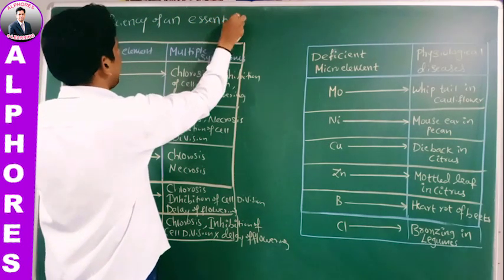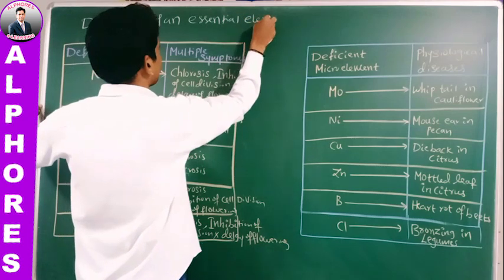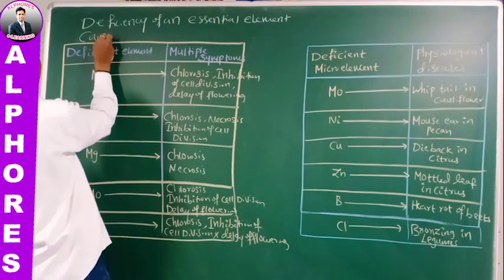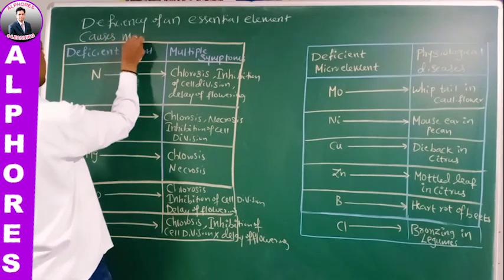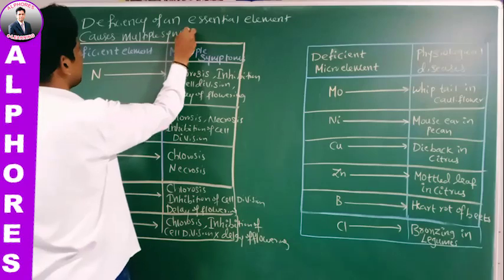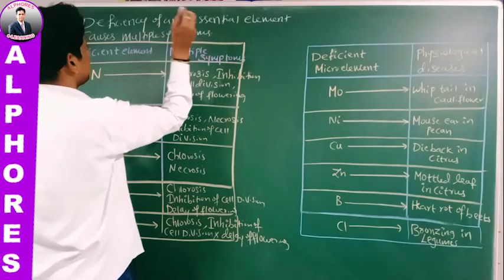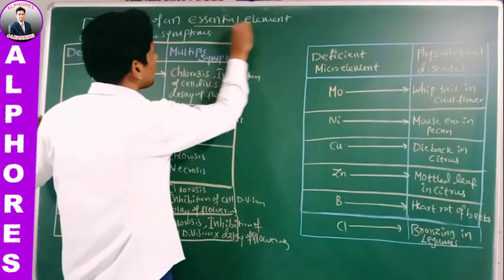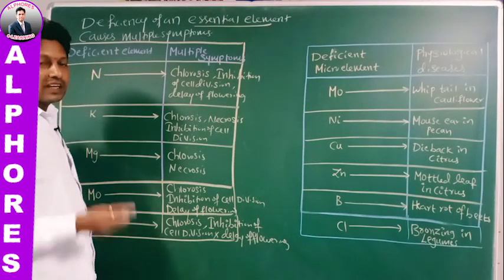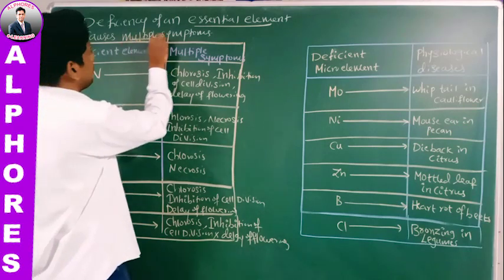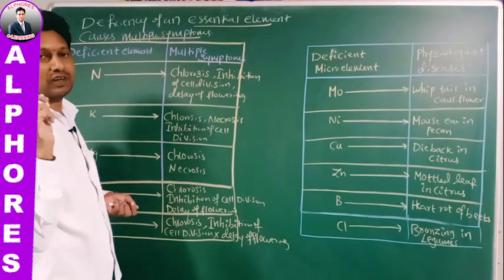Deficiency of an essential element causes multiple symptoms. What is the meaning of this statement, sir? If one essential element is deficient, then in the plant you are going to see more than one deficiency symptom, multiple symptoms.